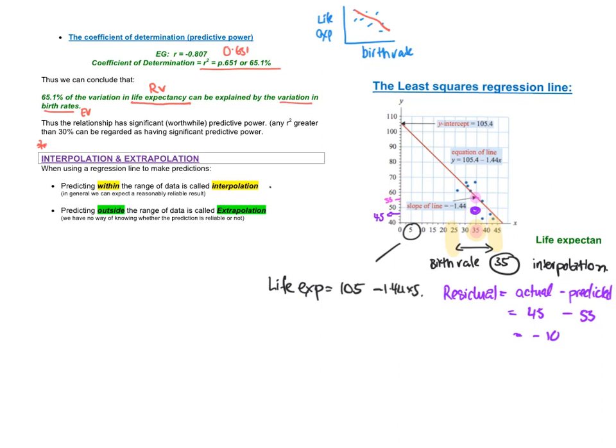When I'm doing that, I'm not predicting within where I've recorded data. You can see my dots are all in here, and this is outside where I've collected data. So that's called extrapolation. If I predicted up here at, say, a country with a birth rate of 90, that's also extrapolation. It's outside the data source.